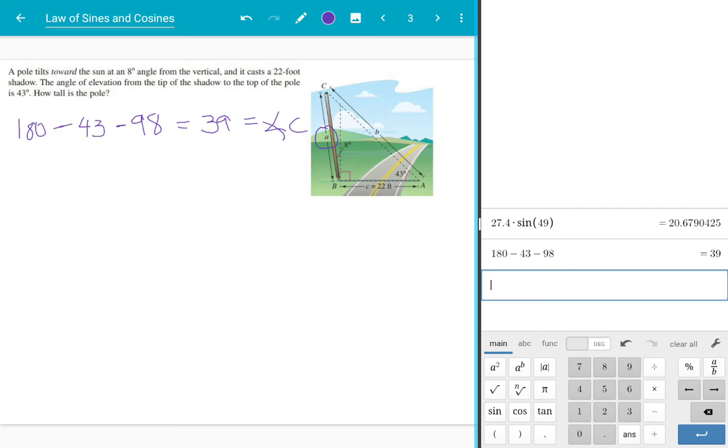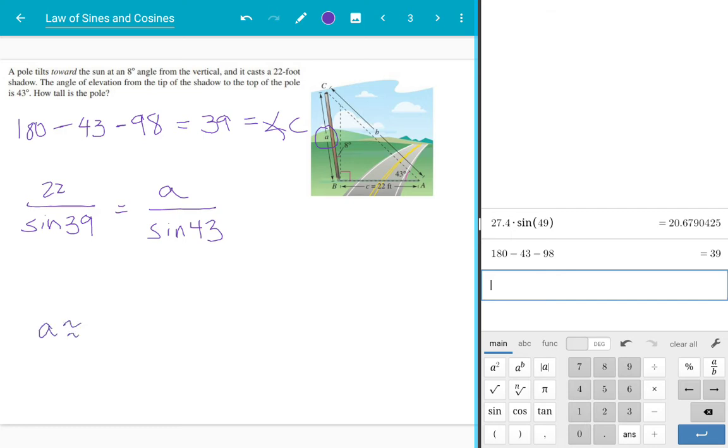Now that I have that, I have a ratio that we can use. We can use that 22 for side C over the sine of angle C, which we just found to be 39, equal to little a, which is the height of the pole, the length of the pole that we want to find, over the sine of 43. For this one we don't have to solve the whole triangle because they're telling us specifically to find A. So we just cross multiply.